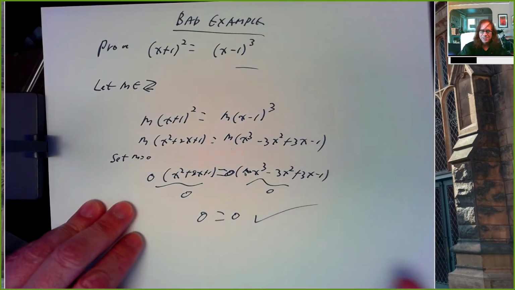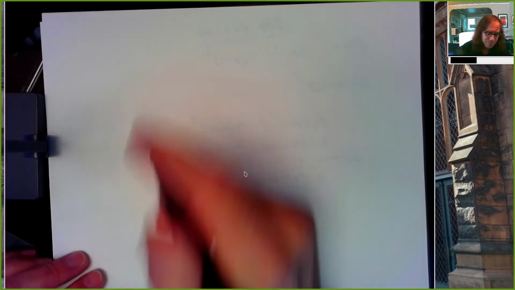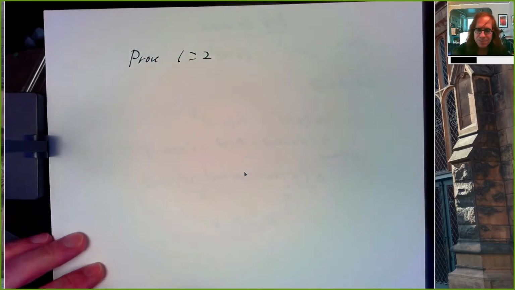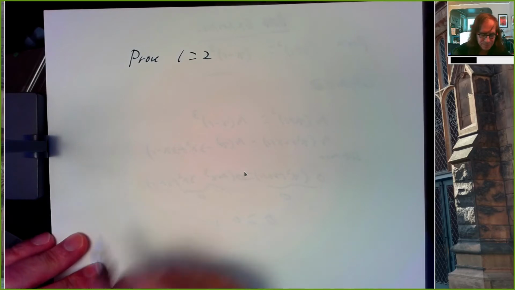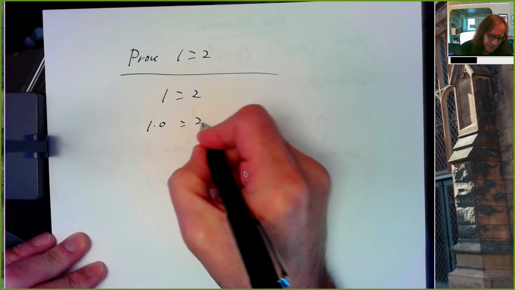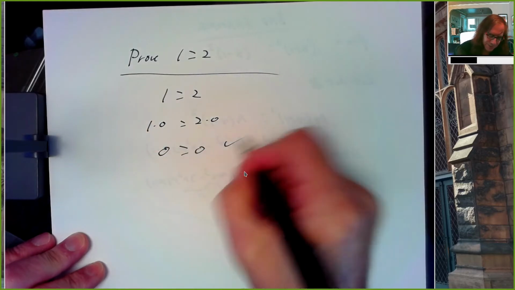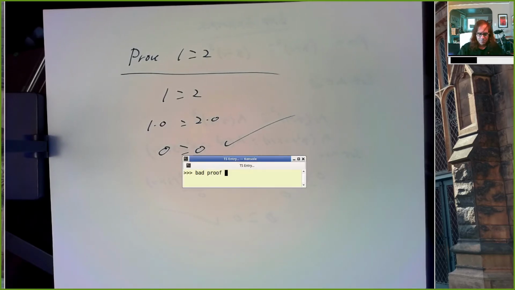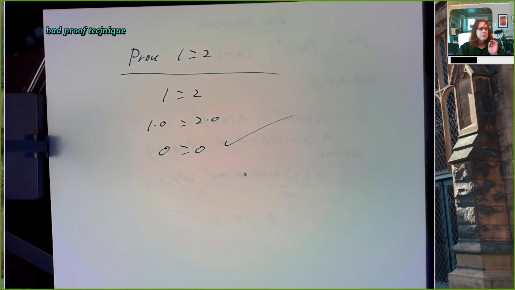Let me show you an even simpler example. Prove that 1 is equal to 2. Well, I'll start off with 1 equals 2. I'll multiply both sides by 0. I'll get 0 equals 0. I know 0 is equal to 0. I'm done. I proved 1 equals 2. Okay, that's a poor proof technique.